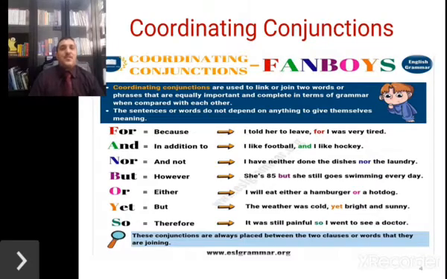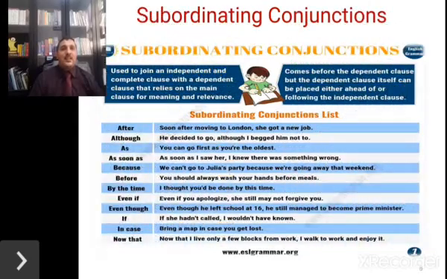Okay. Here we have, on the second slide, subordinating conjunctions. What do we mean? What is the aim? What is the purpose? What is the description? How can we understand? Let us see here.